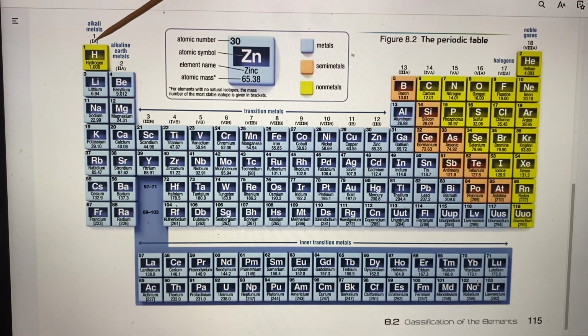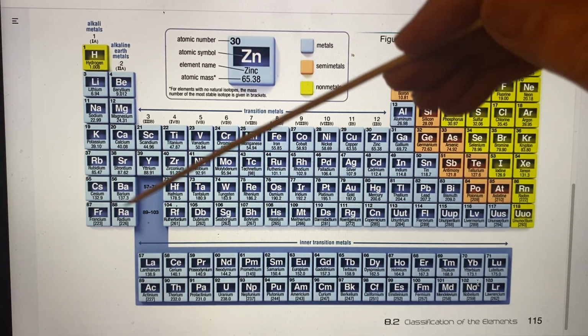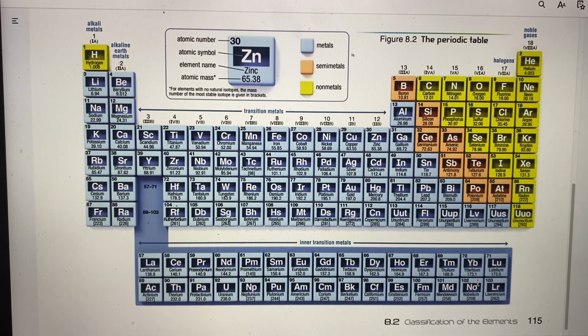So these are alkali metals and alkaline earth, those two. Then on over here, 13, 14, 15. They don't have any special names really, but they represent these columns. And they have some non-metals and semi-metals and metals in there, so they're a mixture.